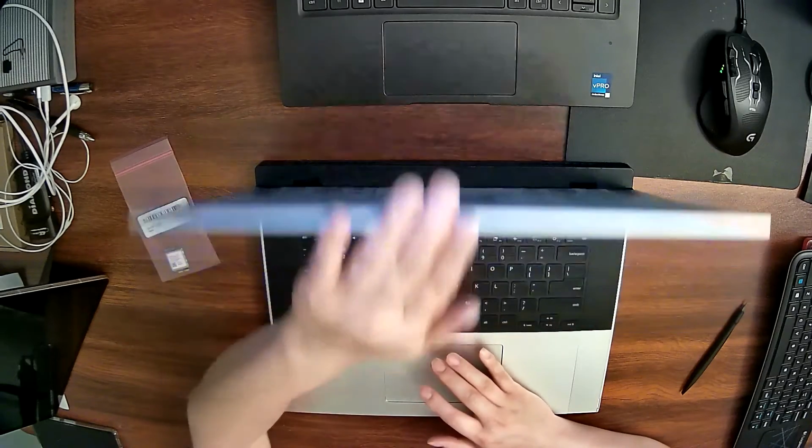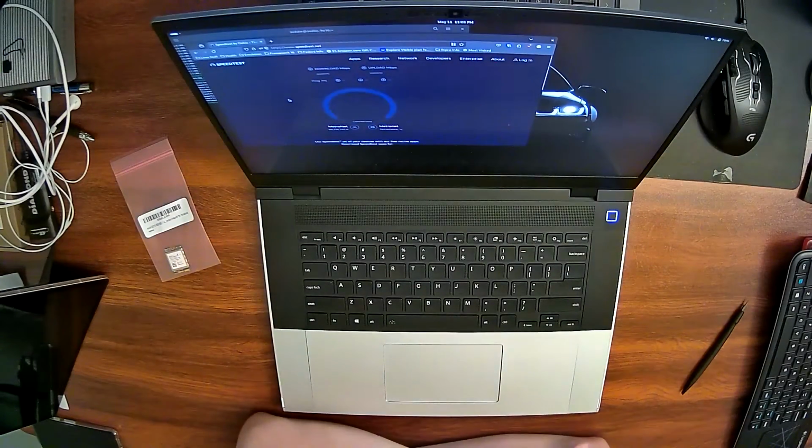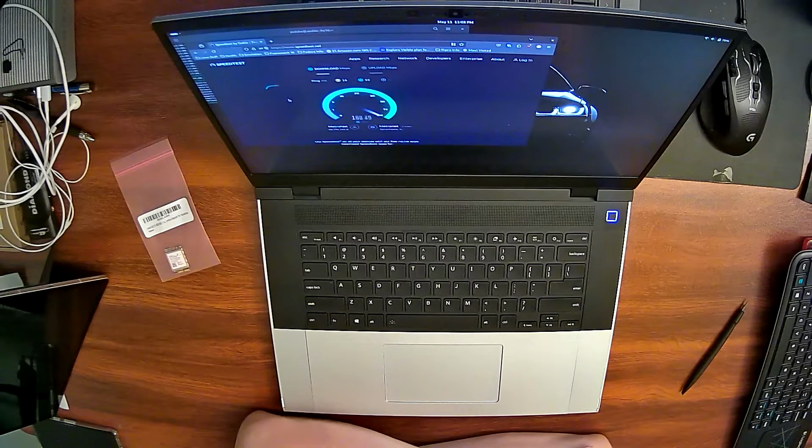Alright, I went back to my first 5 gigahertz band, and that one was at least reaching 200, which would still be slower than my MediaTek, because I think I was getting around 300 to 400 with my MediaTek. I am very disappointed.